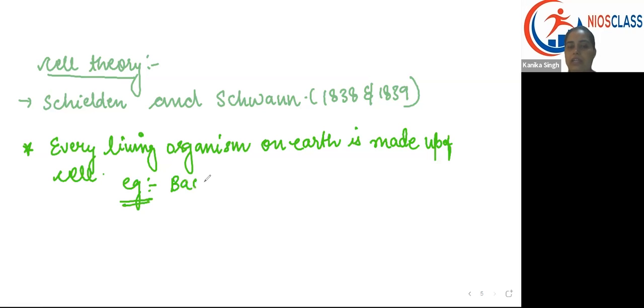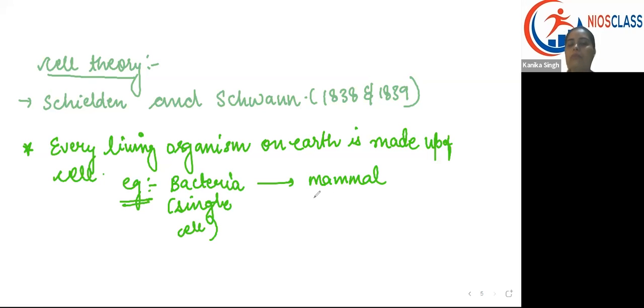If I say a bacteria is there, and if I say a mammal is there, from bacteria to mammal, bacteria is a single-cell organism and mammal is a multicellular organism. So from bacteria till mammals, everything is made up of cells. From single cell to multicellular, all living organisms are made up of cells.